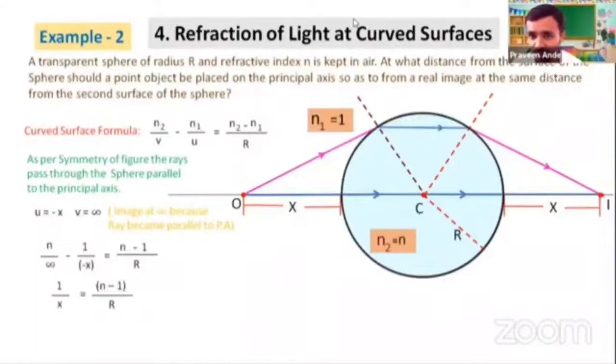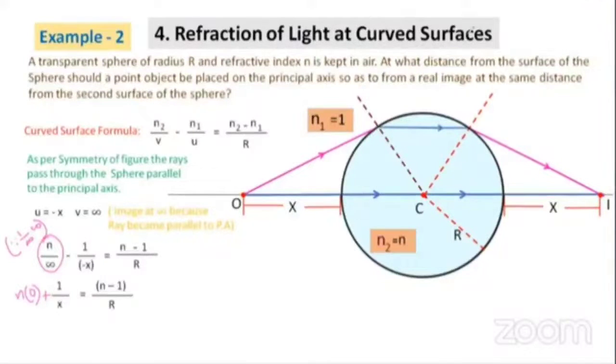See here, I will show you how I got this step. Here I write this as n into 0. Here minus into minus is written as plus, because I know 1 by infinity equals 0. Is it clear?